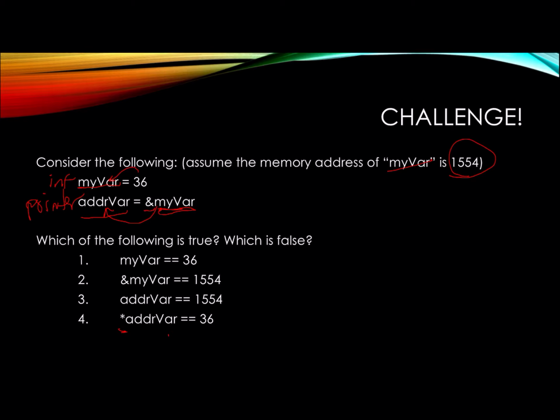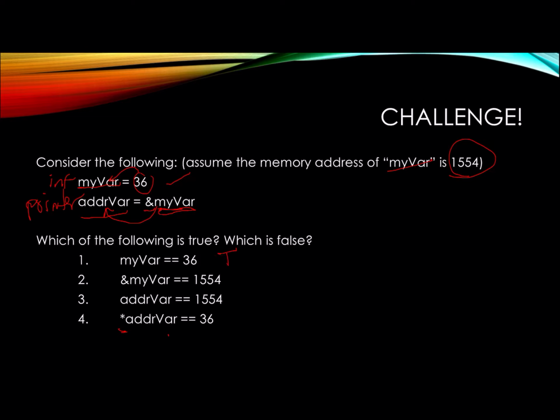After you have tried to answer this simple challenge, let us evaluate your answers. Number one, is myvar equal to 36? Remember, in this line we are putting 36 in the variable myvar. So this is definitely true.